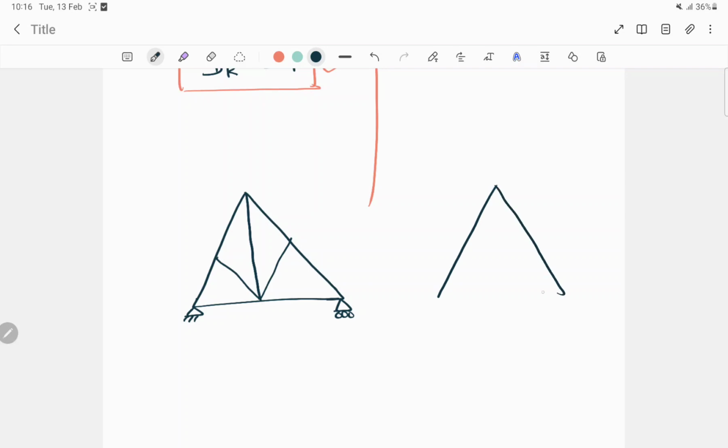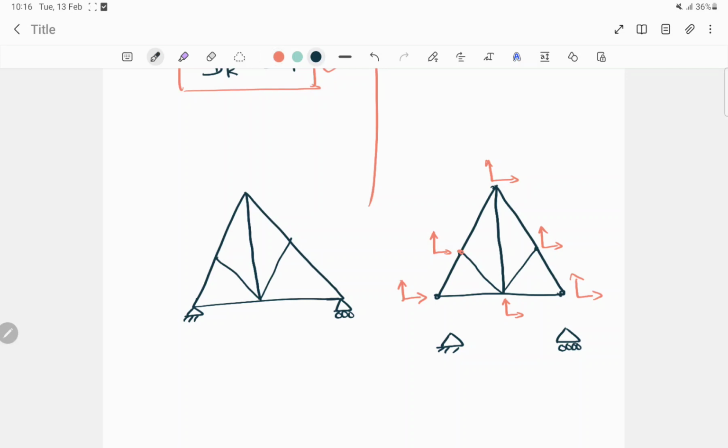This truss and this support we have drawn separately, and always remember that in case of a truss, each joint will have two deformations, along the x direction and along the y direction. In each joint. So here also there will be two unknown reactions, here also, here also, here also and here also.